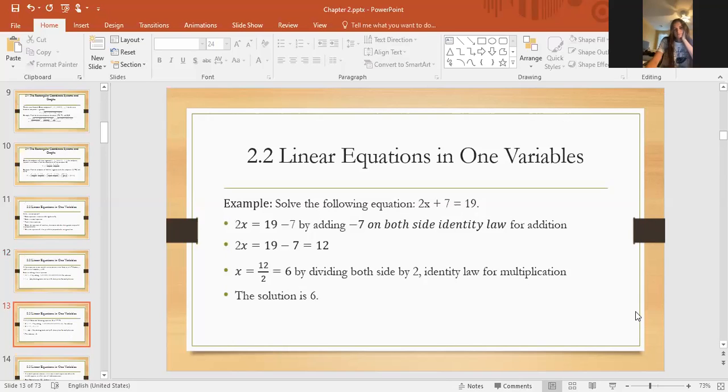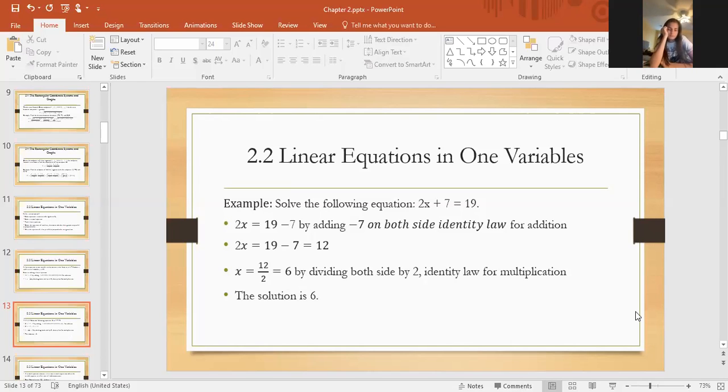These are some examples. We have 2x plus 7 equals 19. So we will make on one side just the variable. So 2x will remain on the left, and we send 7 to the right. It will become minus 7. And we will have 2x equals 19 minus 7 equals 12. So x equals 12 over 2, which is 6.